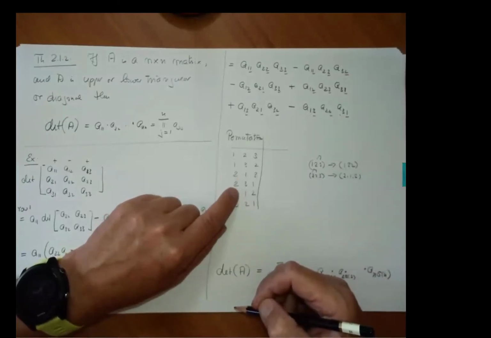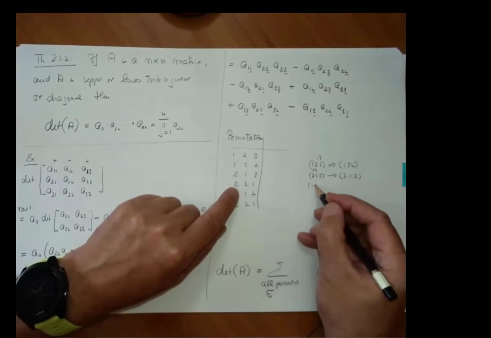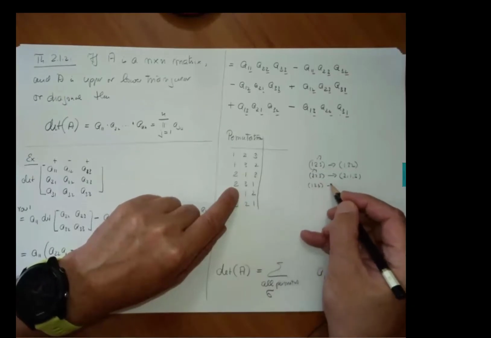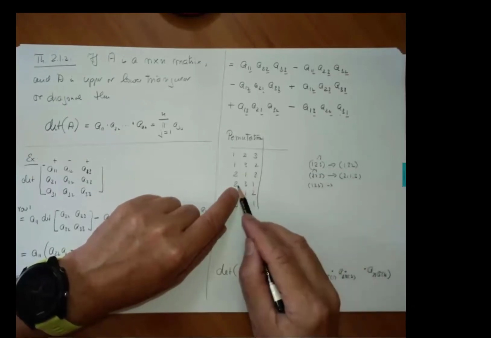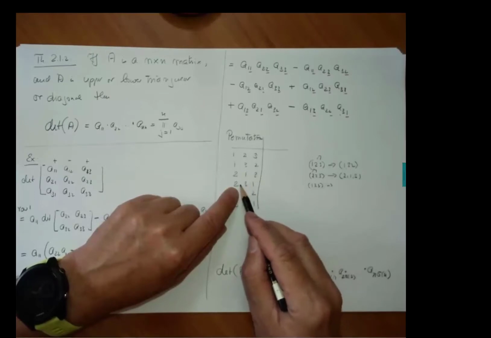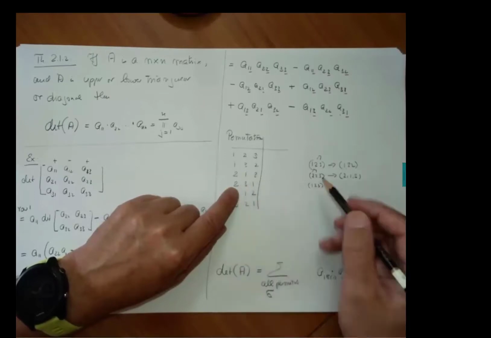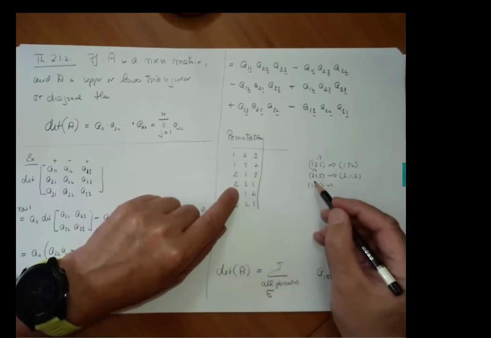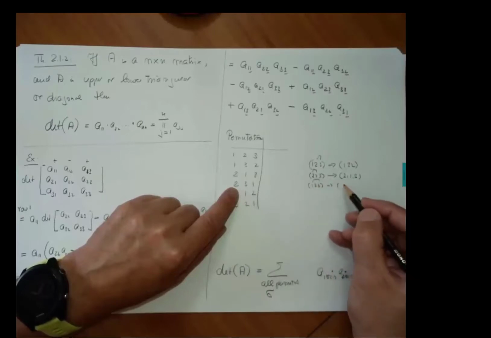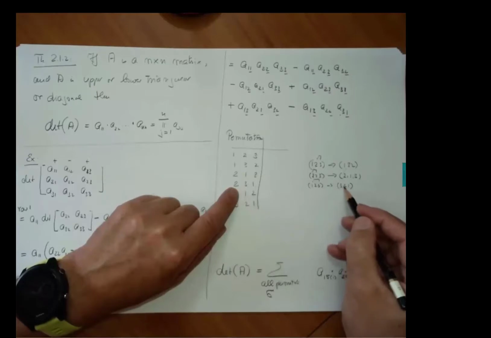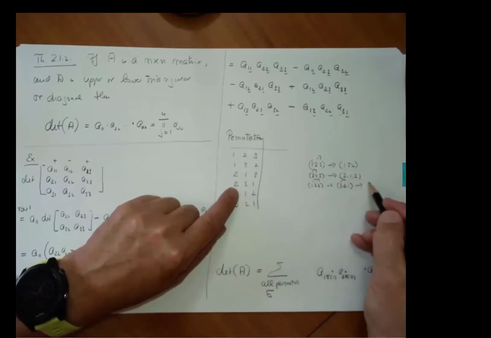How can I make 2, 3, 1? I start with 1, 2, 3. Okay, so this time 1 switch is not enough. I put the 1 in the last place by switching these 2. I get 3, 2, 1. And then I switch these 2. And I get 2, 3, 1.